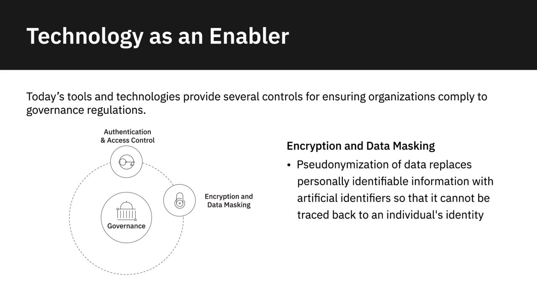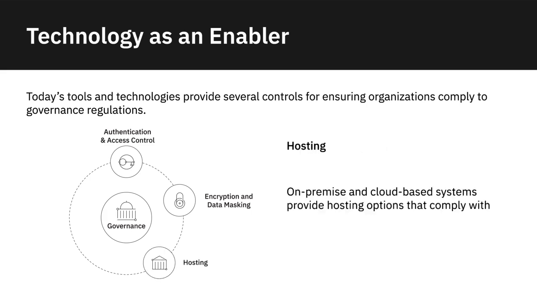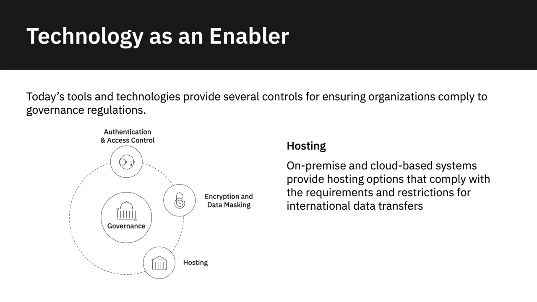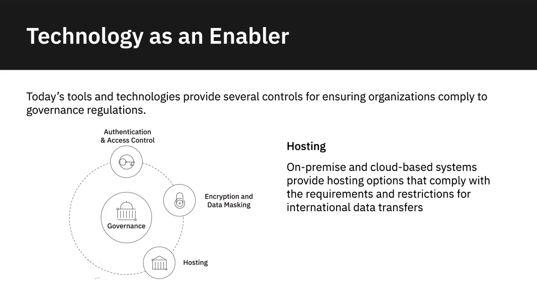Pseudonymization of data is a de-identification process where personally identifiable information is replaced with artificial identifiers so that a dataset cannot be traced back to an individual's identity. For example, replacing the name with a random value from the names dictionary. Hosting options in on-premise and cloud systems comply with the requirements and restrictions for international data transfers.